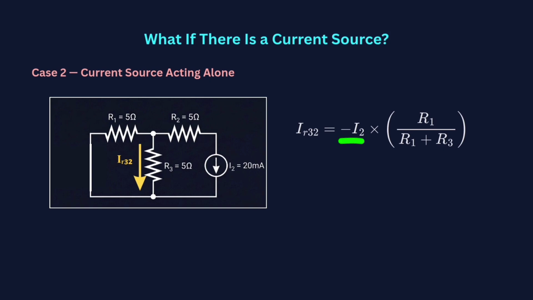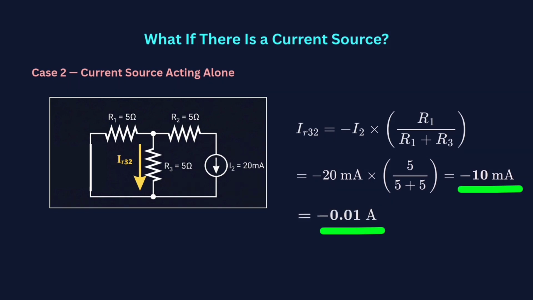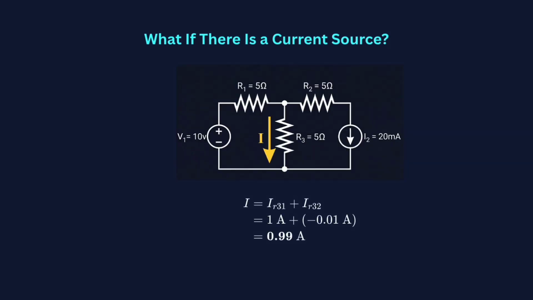The negative sign is because we are taking the downward direction through R3 as positive, while the current contribution from the current source flows upwards through R3. So we obtain minus 10 milliamperes, and the negative sign here means that the actual current is 10 milliamperes upwards. So I equal to I1 plus I2, or 1 minus 0.01, which is nothing but 0.99 amperes, and here the current flows in the downward direction.